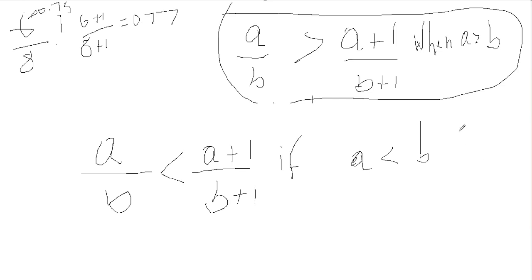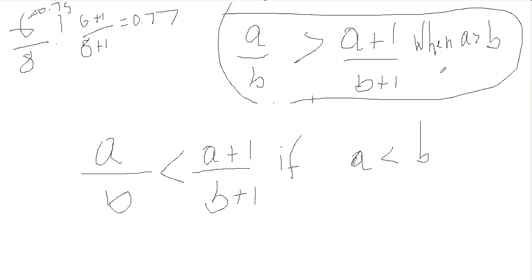We can keep working. If it's not 1, let's say it's K, that's another story. Instead of 1, can we make the same deduction, that A over B is always greater than A plus K over B plus K?